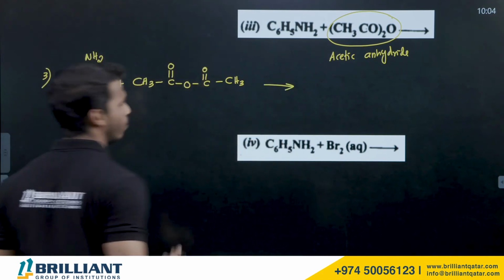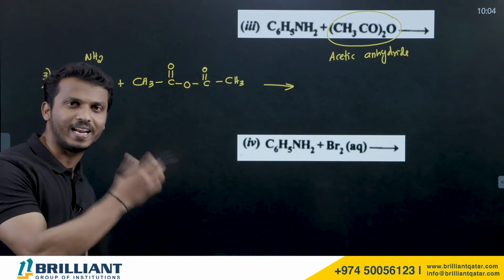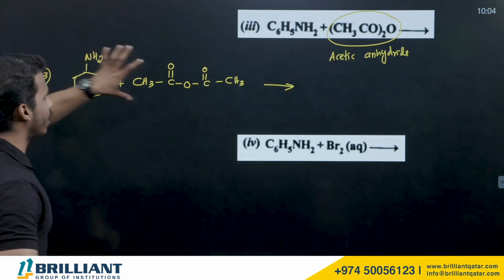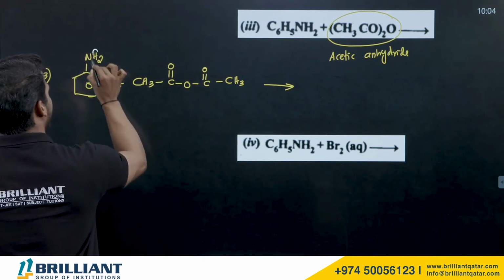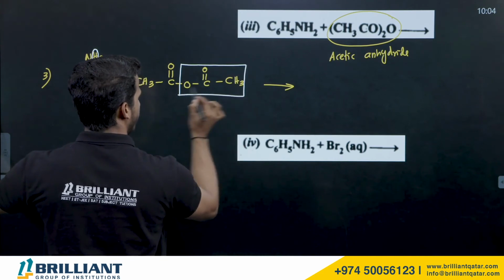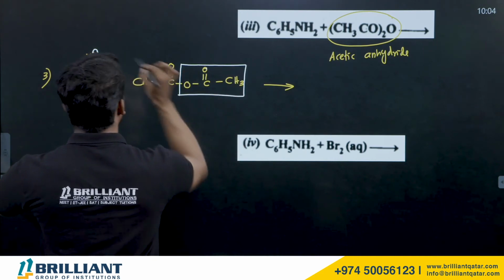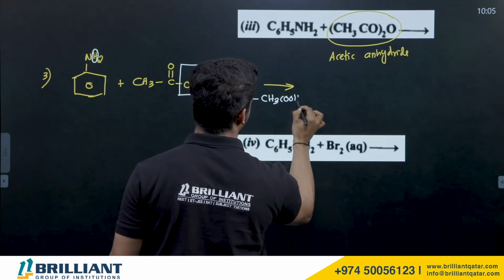When you treat it, that's called what? Acetylation. During the bromination also we studied this process, acetylation. So when aniline is treated with the acetic anhydride, from the amine, take one hydrogen. From your acetic anhydride, take this part, CH3COO, and this H is removing. So CH3COOH is removing.